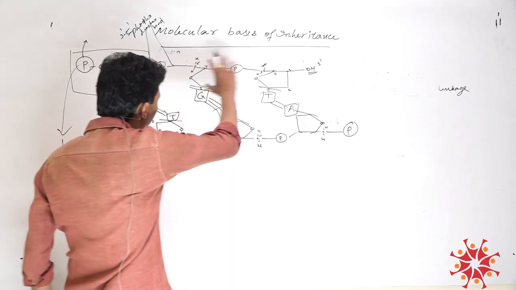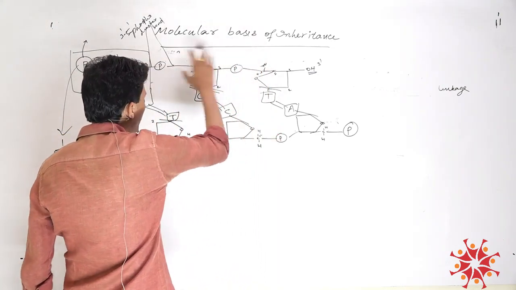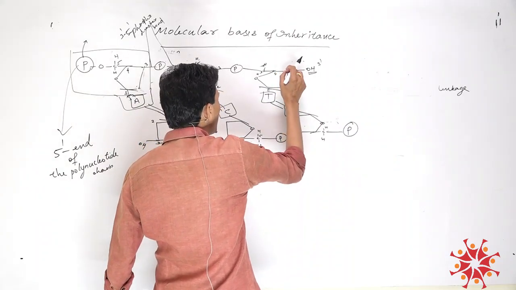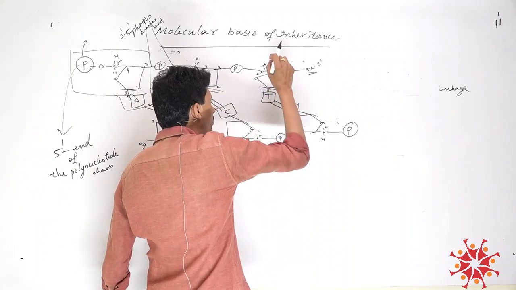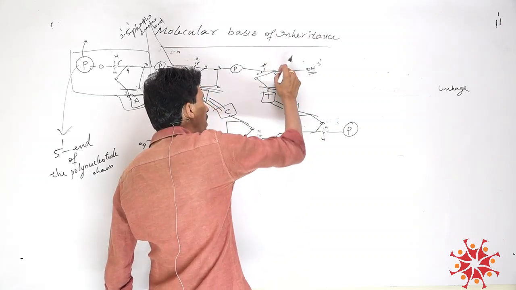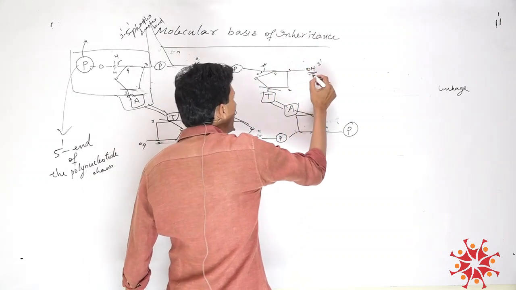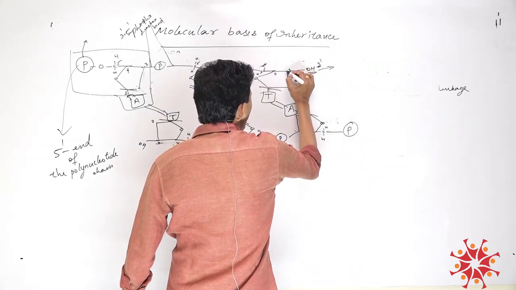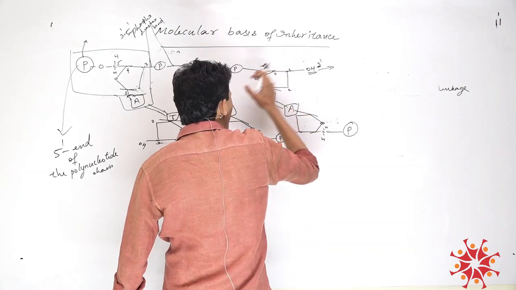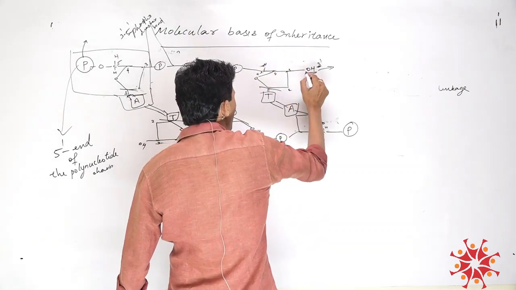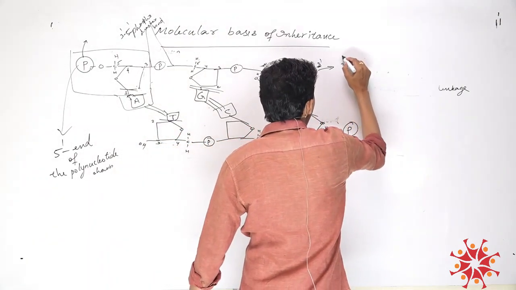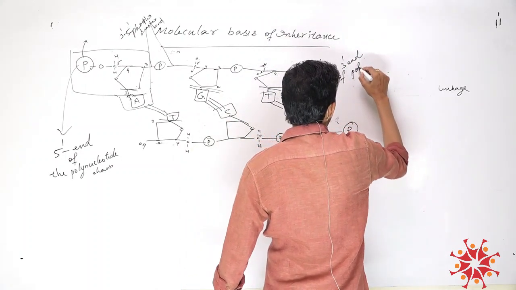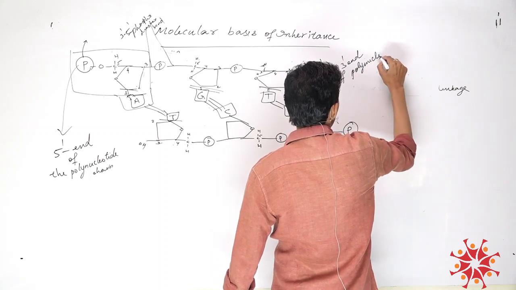On the opposite end, the third carbon of the pentose sugar of the nucleotide has a free hydroxyl group. This end is called the 3' end of the polynucleotide chain.